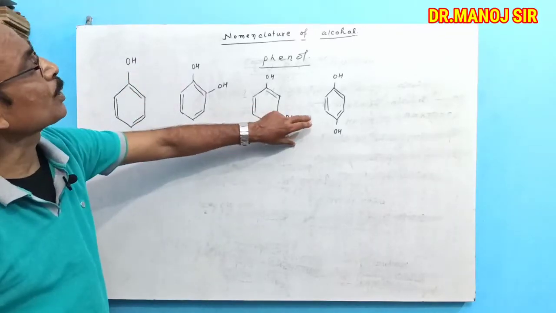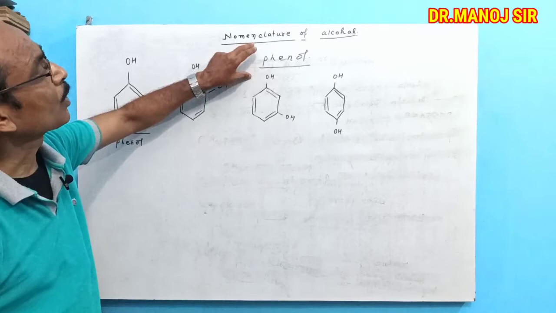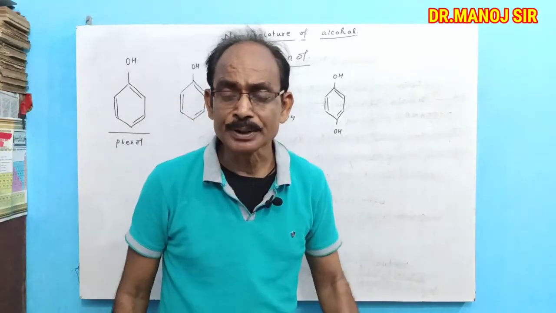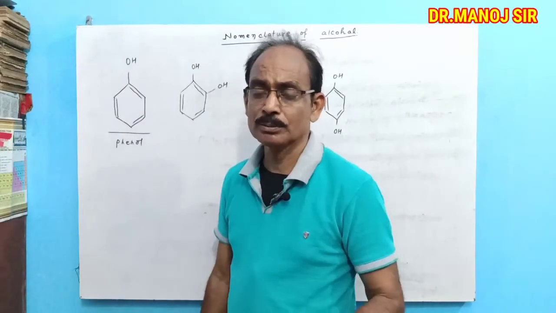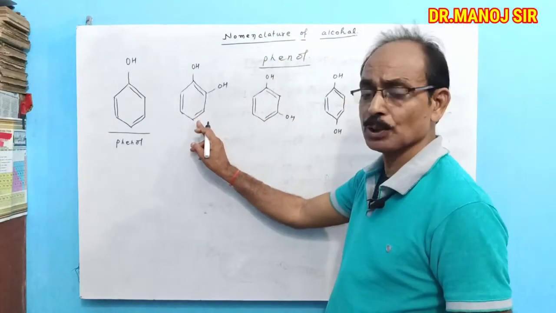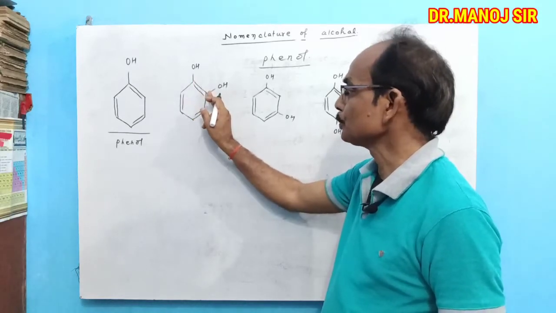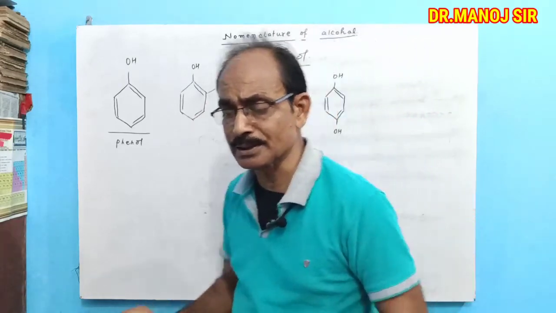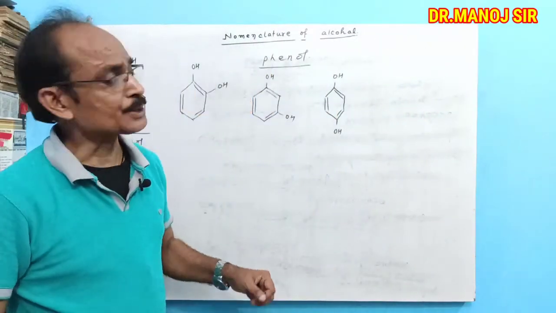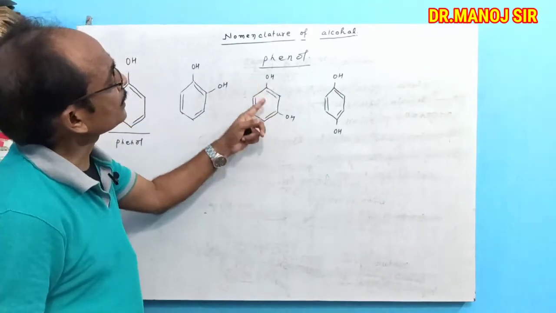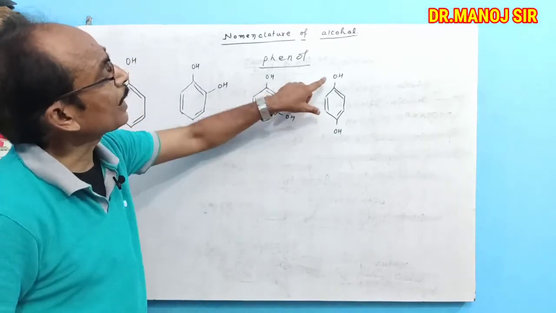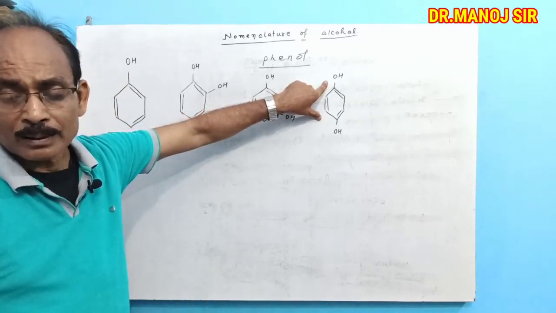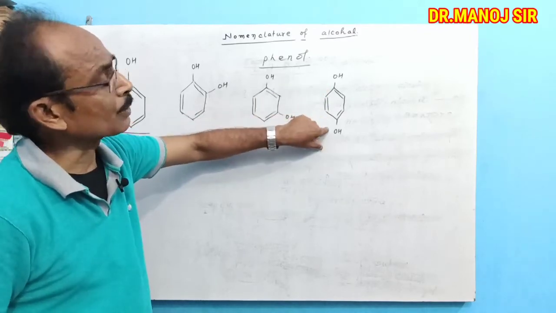These are the derivatives of benzene of alcohol. Their consecutive names are: number 2, catechol, that is 1,2-diol benzene, and the second is resorcinol, that is called 1,3-diol benzene, and fourth is benzene 1,4-diol.